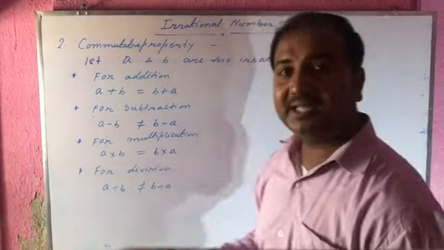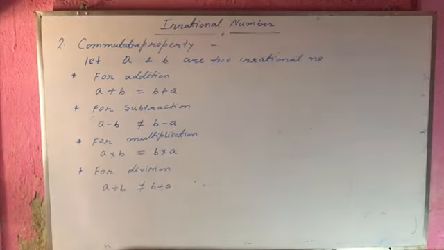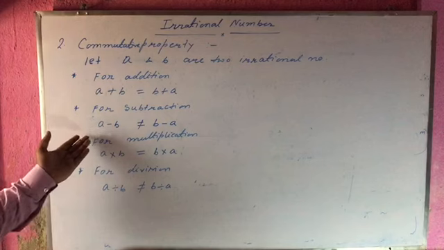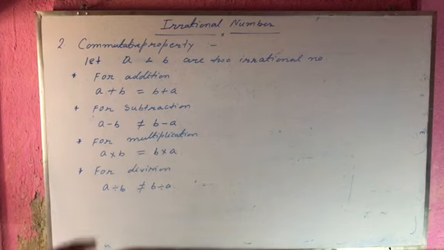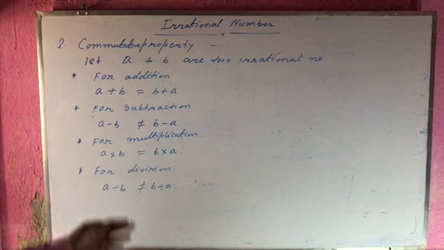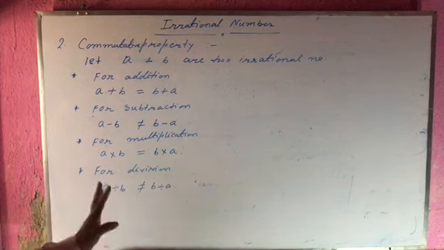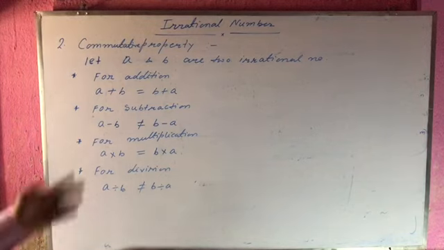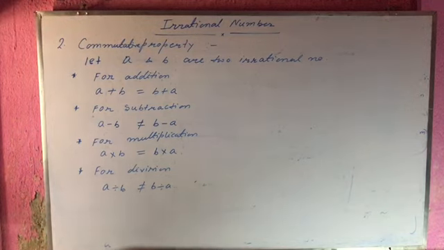So similarly, the subtraction of two irrationals does not satisfy. And the multiplication of two irrationals satisfies, and the division of two irrationals does not satisfy. Done. You can take the examples.